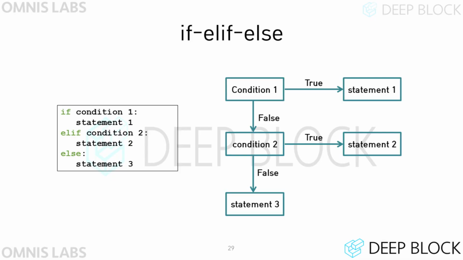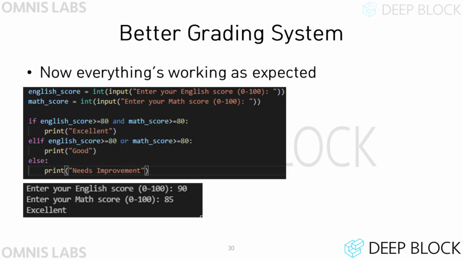The flow of execution of if, elif, else statement can be understood more easily by looking at this slide. Let's use elif to modify the program we made earlier. As shown in the slide, if you change the second if to elif, if both English and math scores are 80 or higher, only the part below the first if statement is executed, and the rest are not executed.